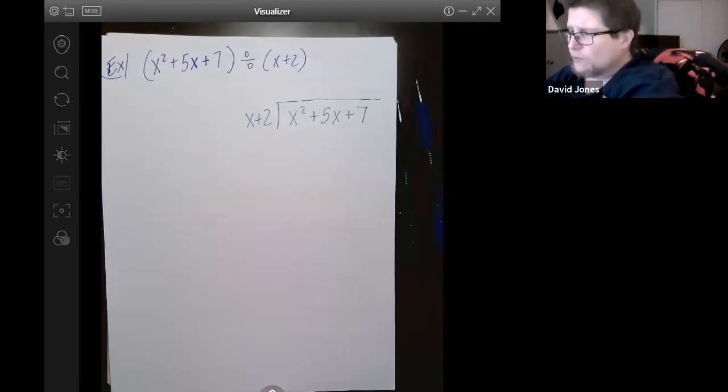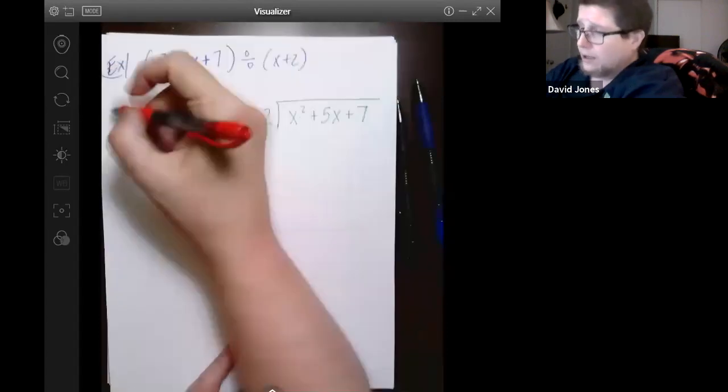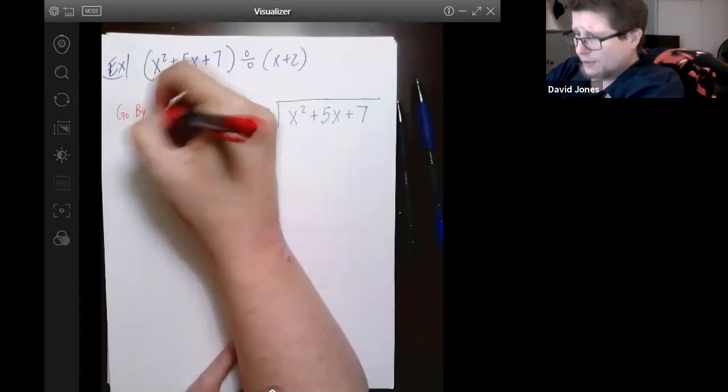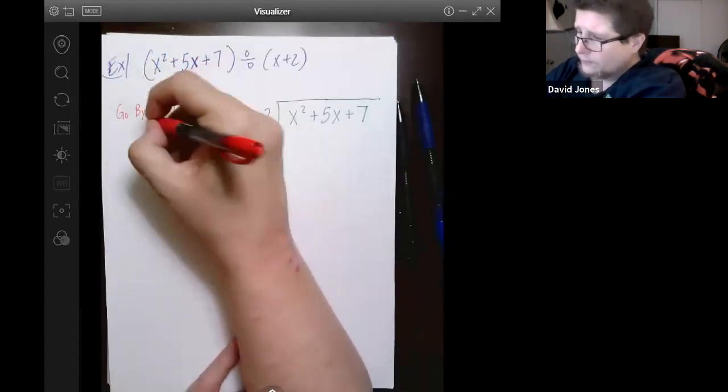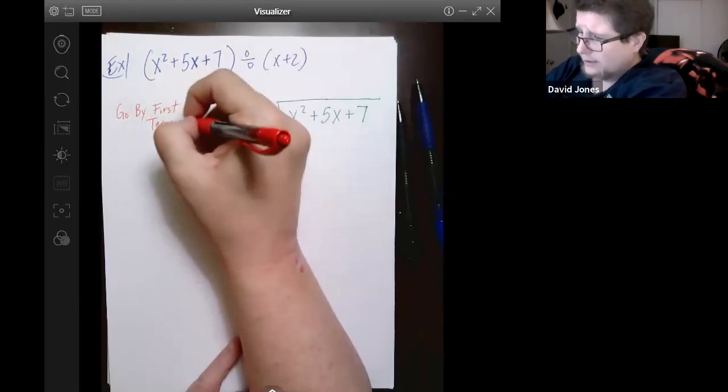So what did we do? We tried to see how many times the thing out front divided into the thing on the inside. Just go by first terms on division.